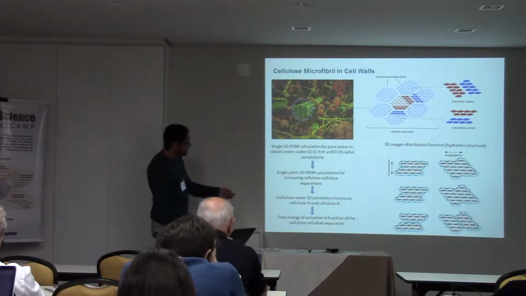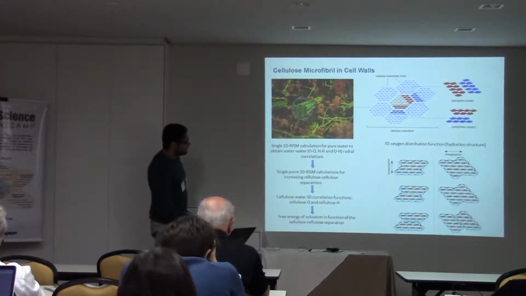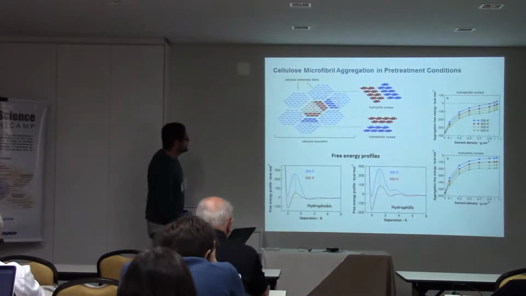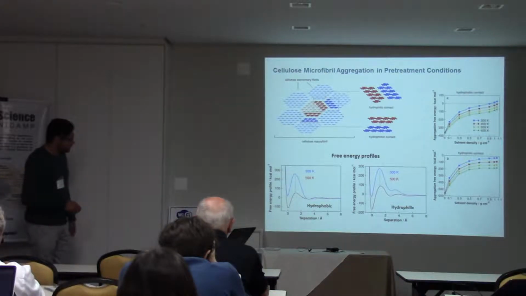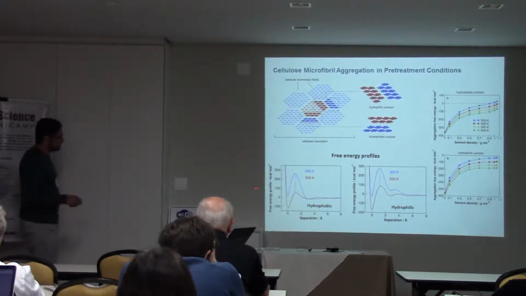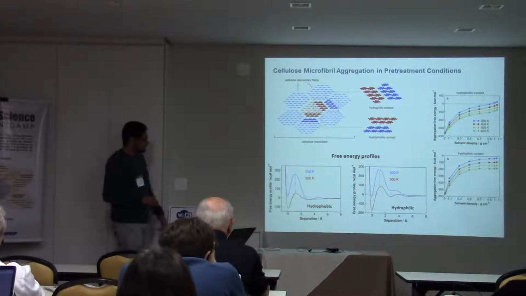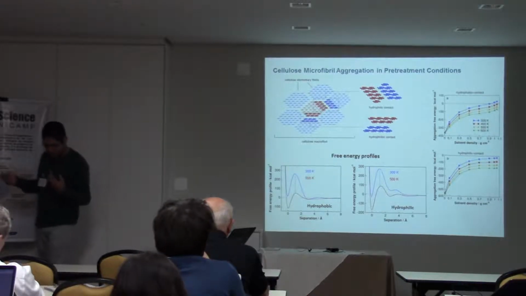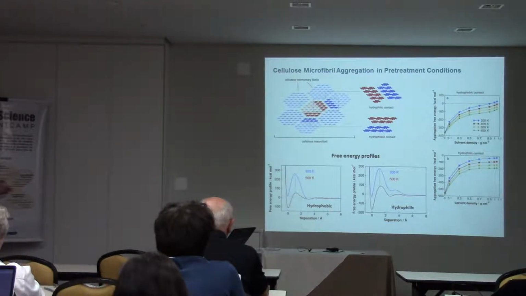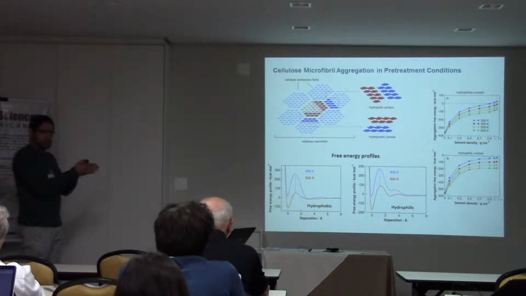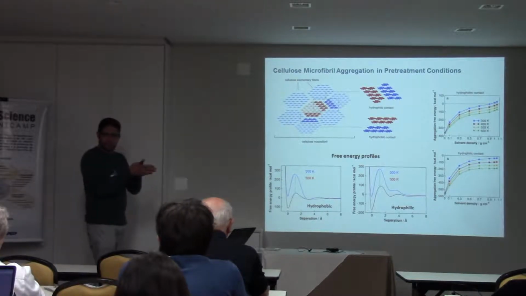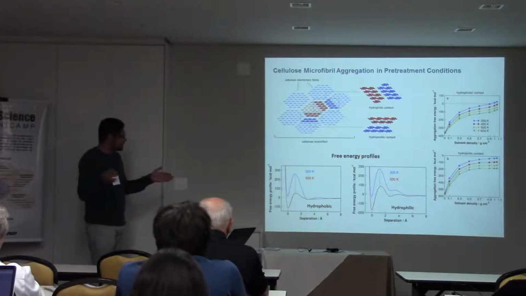And from that, we can obtain the whole thermodynamics as a function of this arrangement. So this is what we get from that picture before. This is the free energy profile. It shows how the free energy changes as we disrupt a cellulose contact.